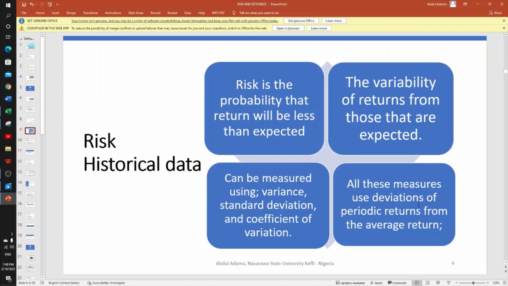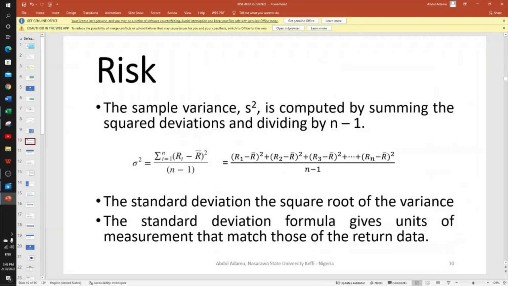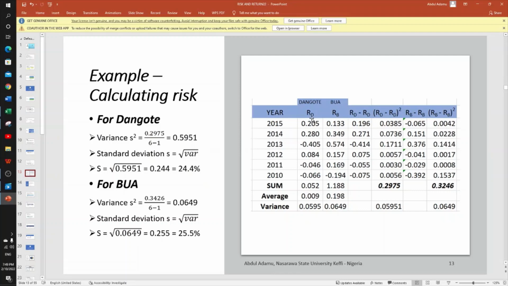All these measures use deviation of periodic return from the average returns. So to calculate sample variance, what we normally do is subtract the mean return from each of the returns. If we go back, these are our individual returns, and we got our mean to be 0.009.